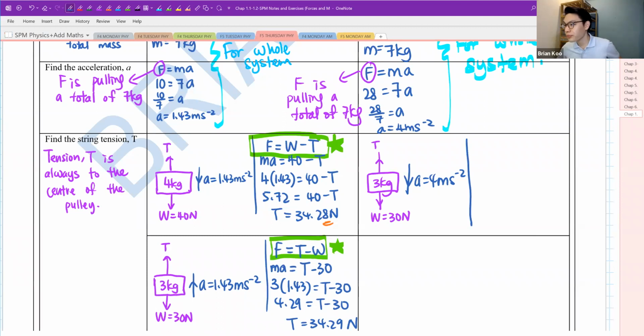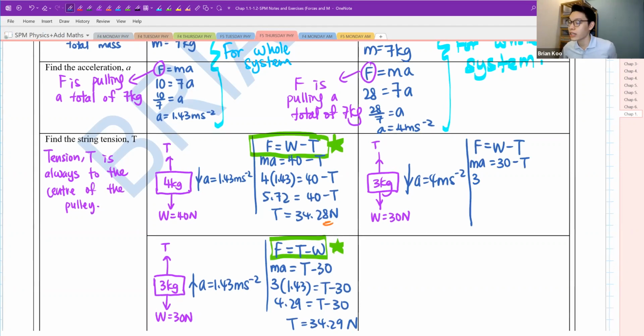And then, same thing, we're going to write out the resultant force of this 3 kg block. If it's accelerating down, it is W minus T. F again is MA. W is 30 Newton. And you can find out the tension already.